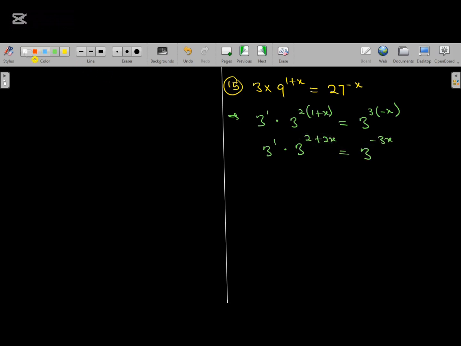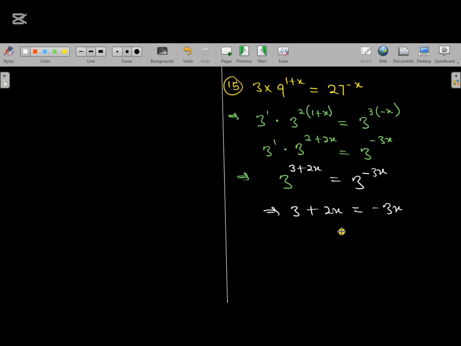All right, so this will now be applying the rule. So you just pick one base and add the powers. So this will be 1 plus all of this will give us 3 plus 2x equal to 3 raised to the power of negative 3x. So since we have achieved what we want, we can now write 3 plus 2x is equal to negative 3x.